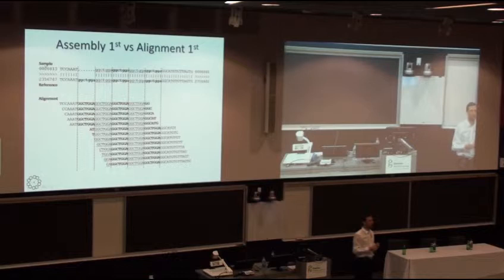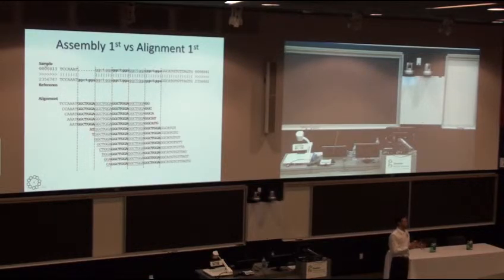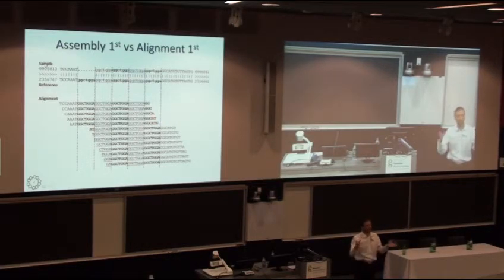Now, what we're arguing here is if you are using an alignment-first approach, you are biasing your analysis results, as opposed to the assembly-first approach where you let the data tell you what the story is, and then you interpret what that story is.